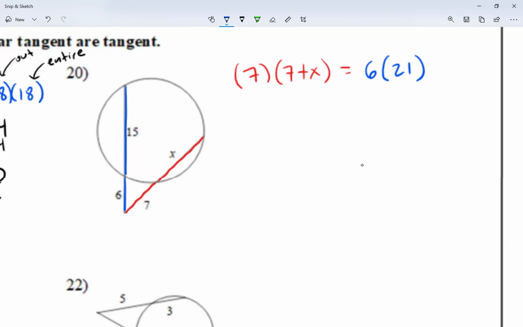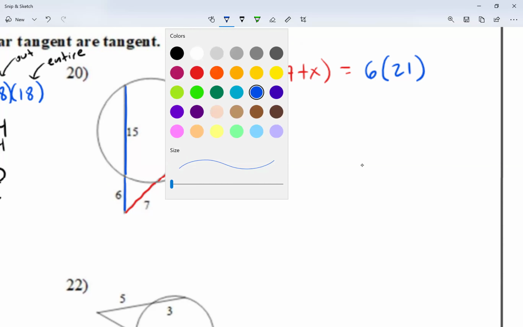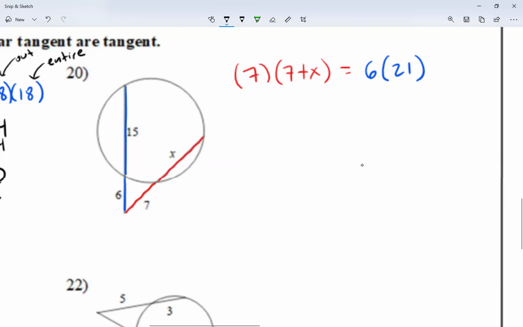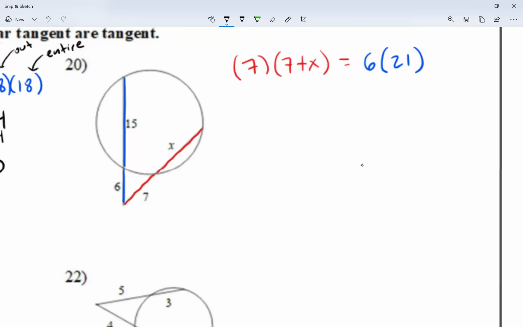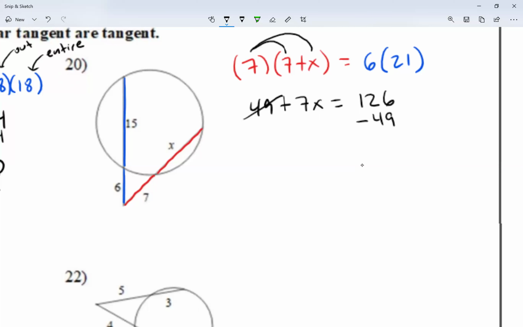Okay. I'm going to look at this as a simple algebra question. Let me distribute the 7. So 7 times 7 gives me 49. Plus 7 times x gives me 7x. 6 times 21 is 126. I want the 7x by itself, so there's 49. I move it over as a minus 49.